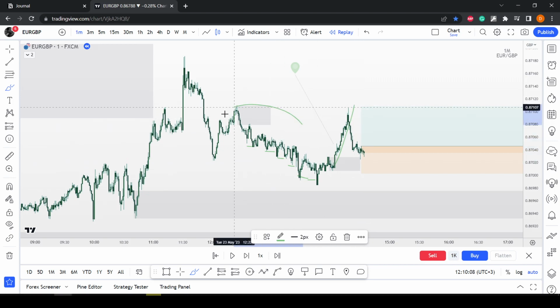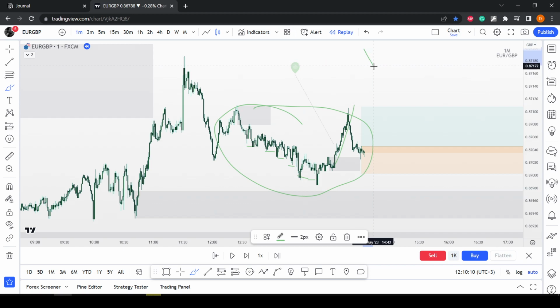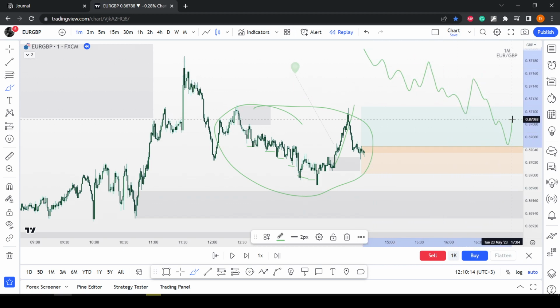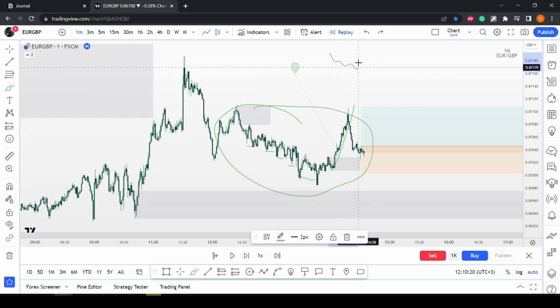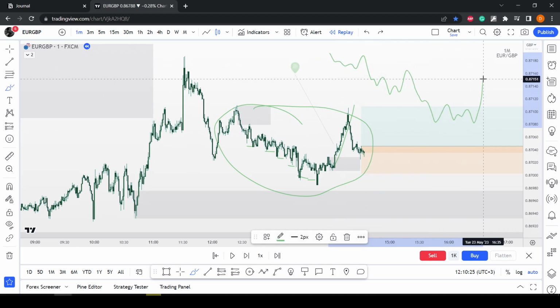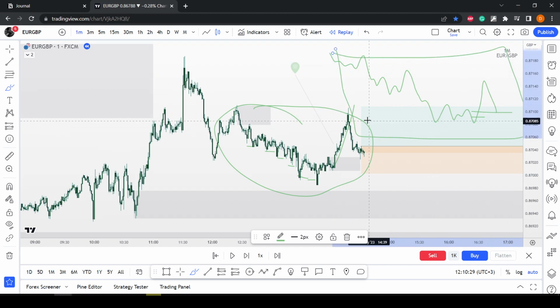You see, if this portion was looking like this, down, up, up, down, up, and then here it made up, down, and then this shift, then it's a bit more likely an accumulation to go higher.